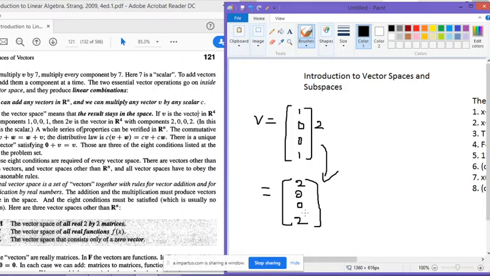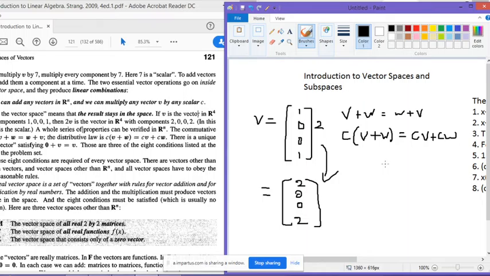First, it should satisfy the commutative law. It means that V plus W should be equal to W plus V. This is the commutative law. And the distributive law is that if you have a constant and you are adding the two vectors V and W, it should result in C times V plus C times W. If you compute the right-hand side, it should result in the same thing.